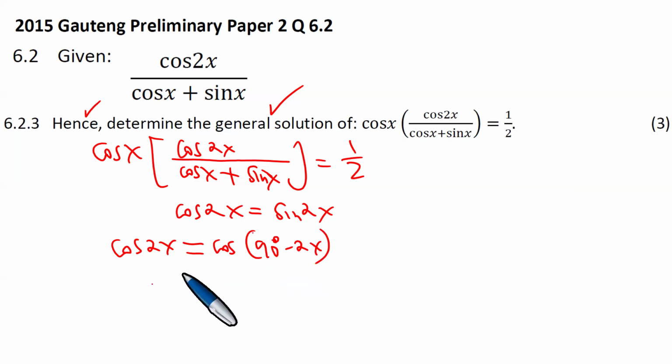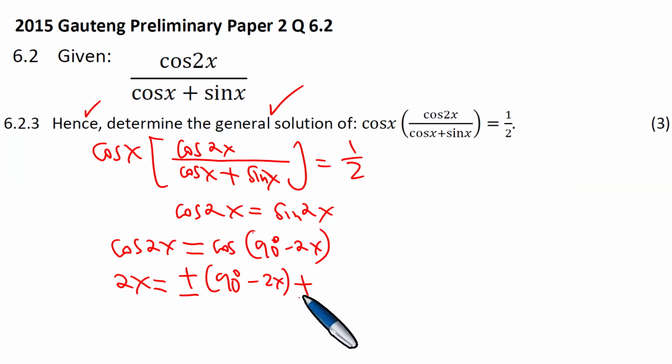But because the cosine is an even function, whenever you have 2x, it will be equal to plus or minus 90 degrees minus 2x, plus 360 degrees times k, k in Z. K is an element of the integers. So you get therefore these two answers.